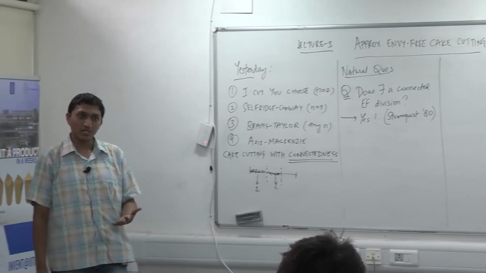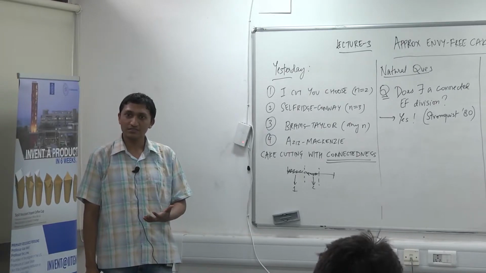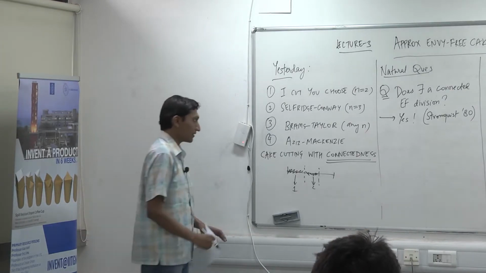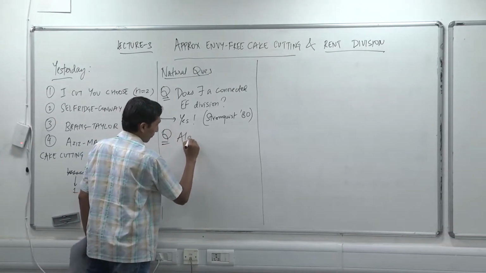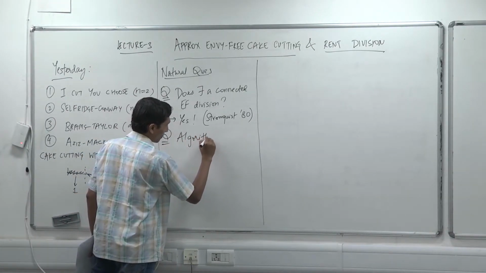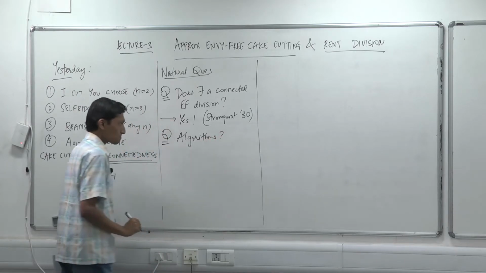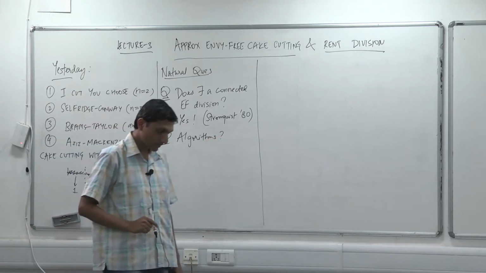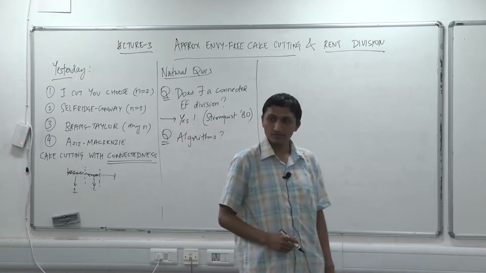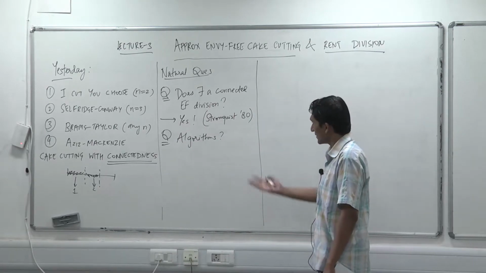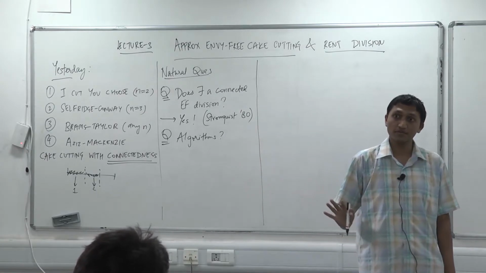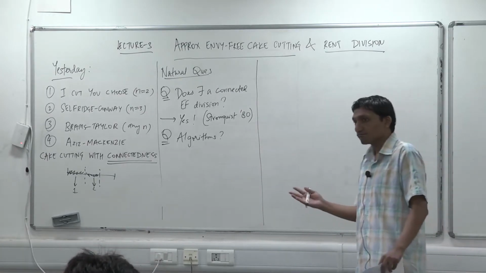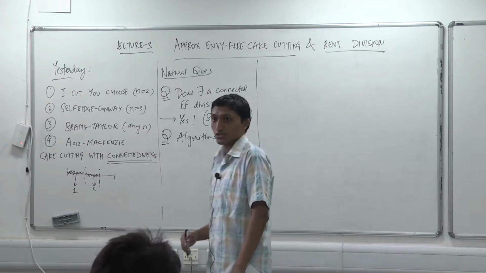So what's the next natural question? How do you find it? This question was, I think, posed in this paper, if I'm not wrong. It was open for a very long time. No one solved it. So Stromquist solved it himself.